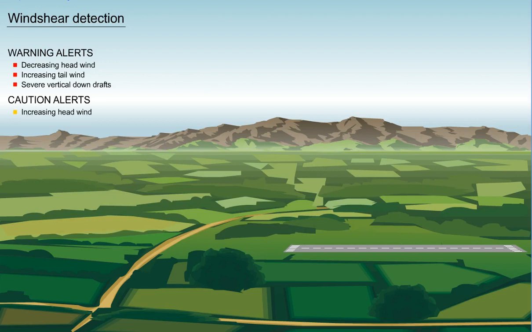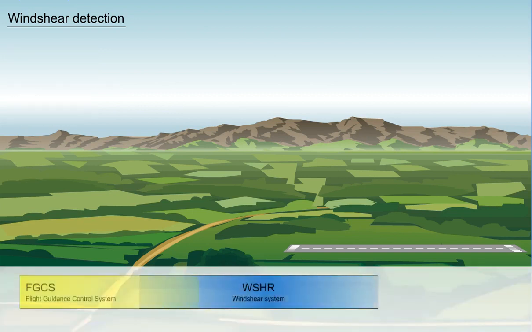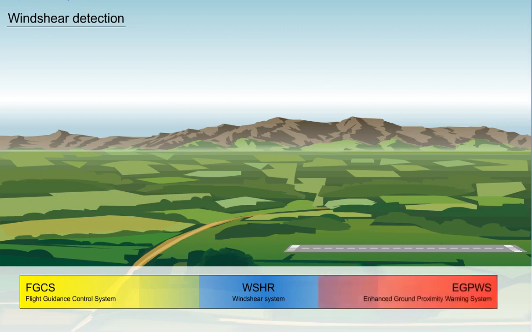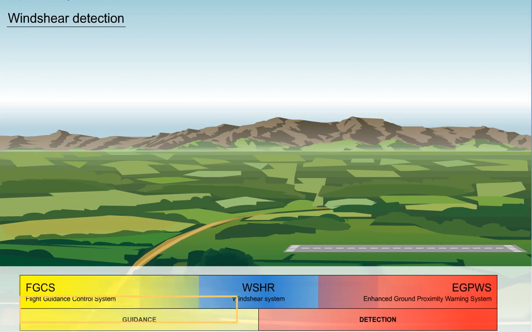Wind shear caution alerts are given for increasing headwind and severe updrafts. The wind shear system is part of the Flight Guidance Control System and Enhanced Ground Proximity Warning System. The EGPWS provides the detection portion of the wind shear system, and the FGCS provides the guidance portion.